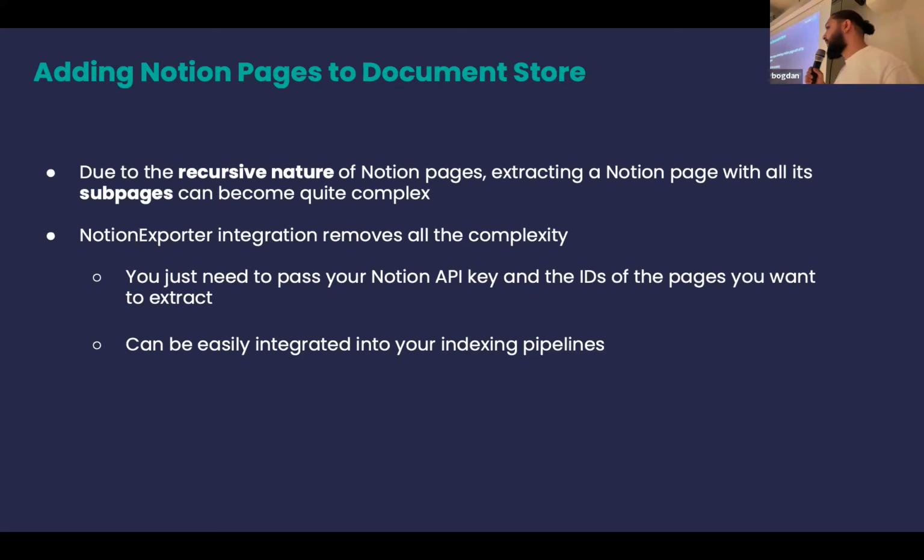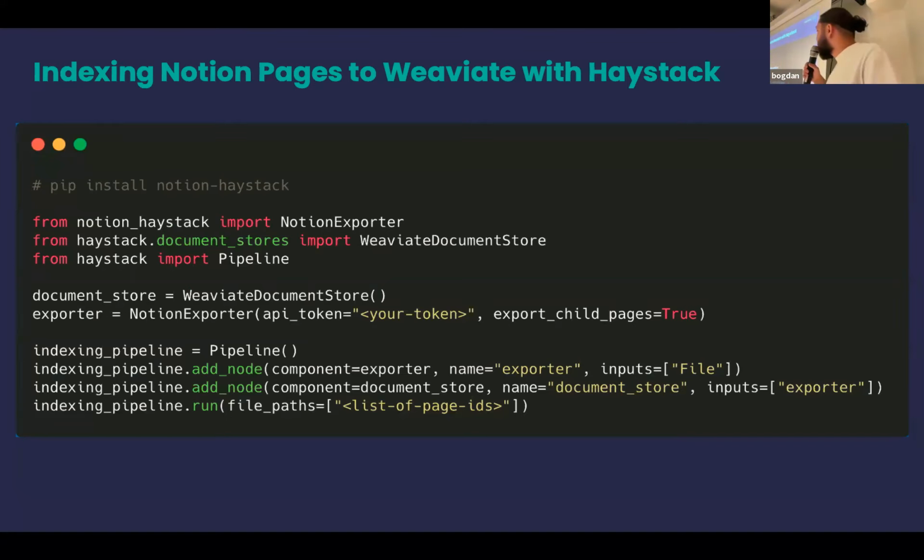And this Notion exporter component can also be integrated into Haystack's indexing pipelines. So this makes things easier. And this is basically an example of how you would then integrate your Notion pages. You would first need to install this Notion Haystack package. And here is an example. We use Weaviate as a document store, which is a vector database.